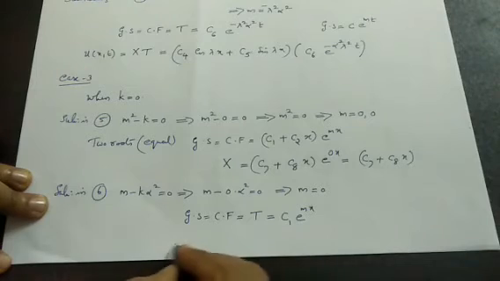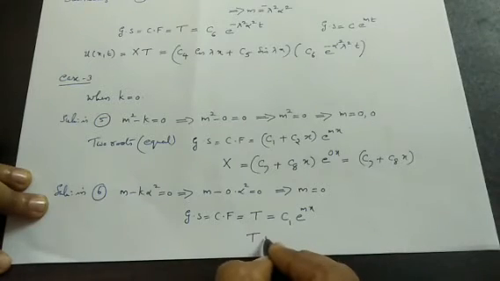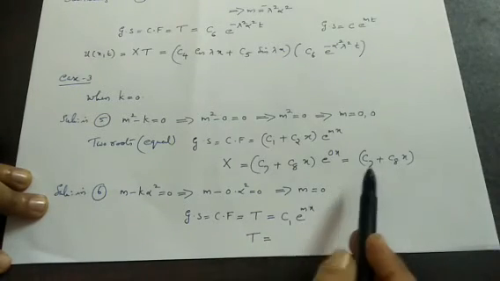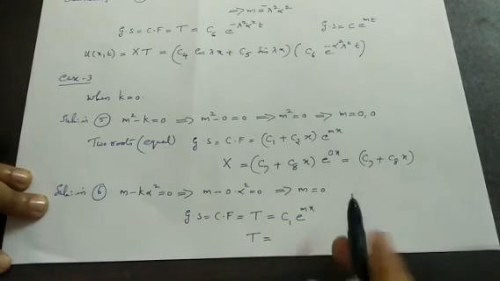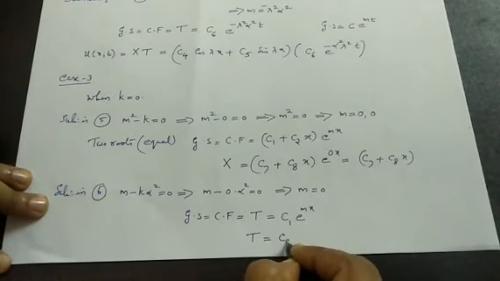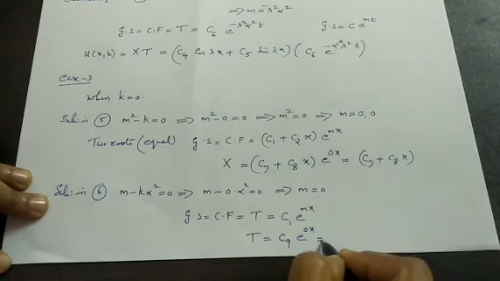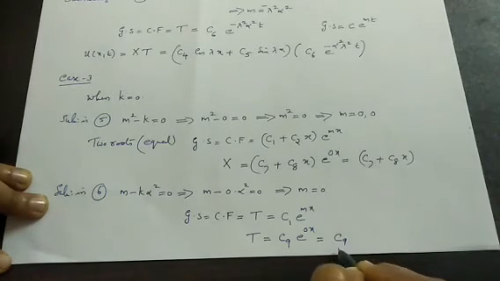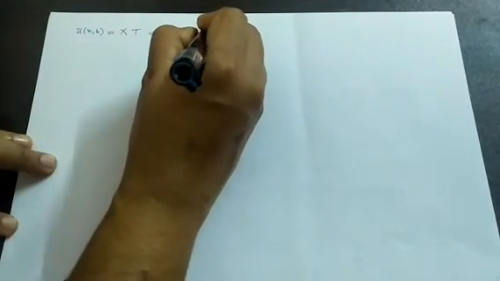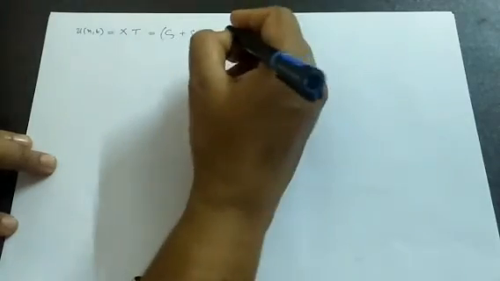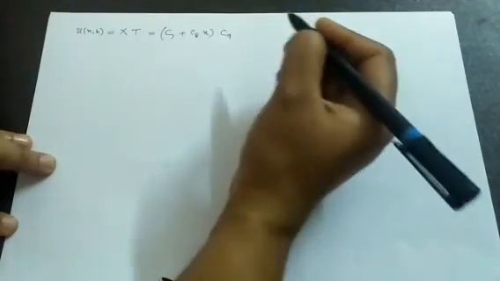Already we have written up to c8, therefore T equals c9 e raised to 0x, that is equal to c9 only. So u of x t equals capital X capital T, where in the place of X we have c7 plus c8 x, and in the place of T we have c9.